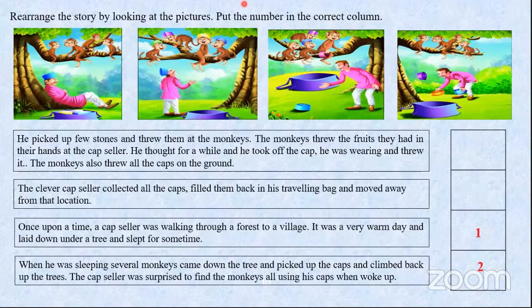Next one, he picked up a few stones and threw them at the monkeys. එයා ගල් ටිකක් අරන් ගැහුවා වඳුරන්ට. The monkeys threw the fruits they had in their hands at the capseller. ඒගොල්ලෝ මොකද කරේ? අතේ තිබ්බ පළතුරු වලින් ගැහුවා capsellerට.